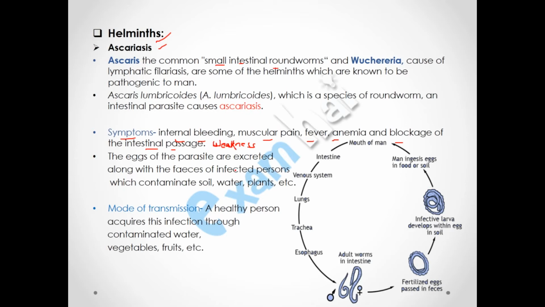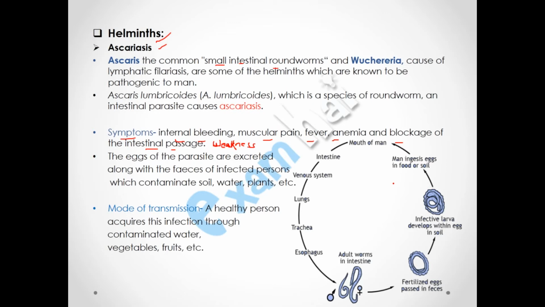Okay, so now we will discuss how these worms are transferred from an infected person to a healthy person. These worms are transferred in the form of eggs. If the egg is present in the food or in the soil, these eggs are easily transferred to a healthy person. In India, as we know, a large part of the population does open defecation.